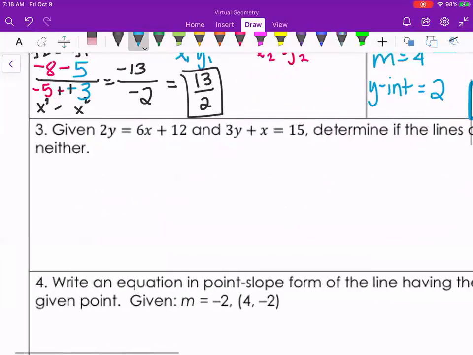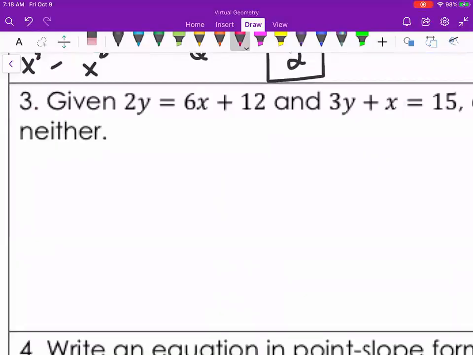All right, next one down, number 3. Now we're going to determine if these lines are perpendicular, parallel, or maybe neither. Maybe they're not the exact same slope, but there's not a sign change and the fraction doesn't flip over into a reciprocal. So let's see what we have. Let's check out the first equation here.